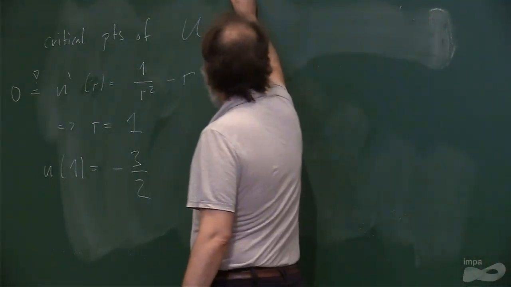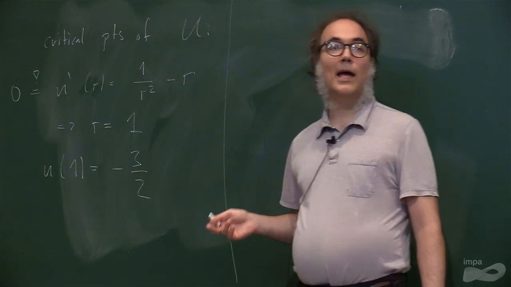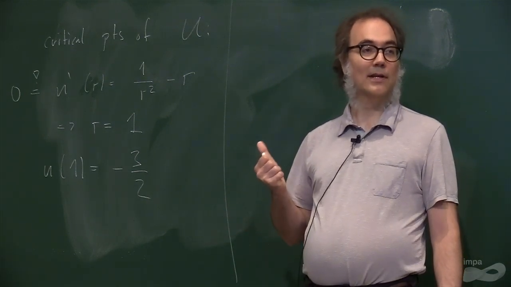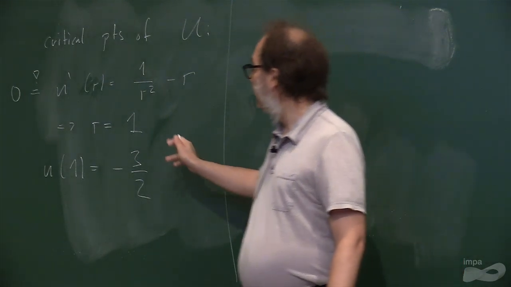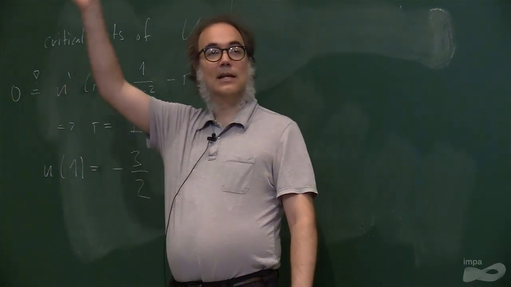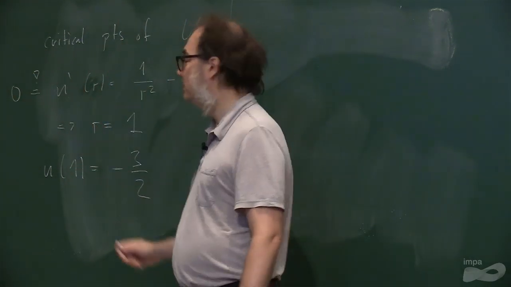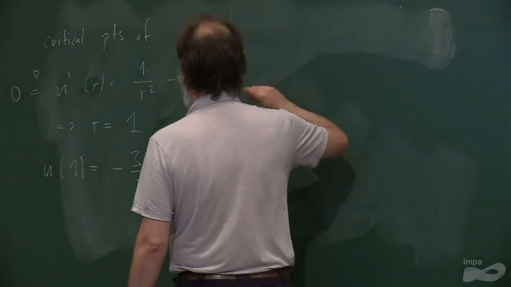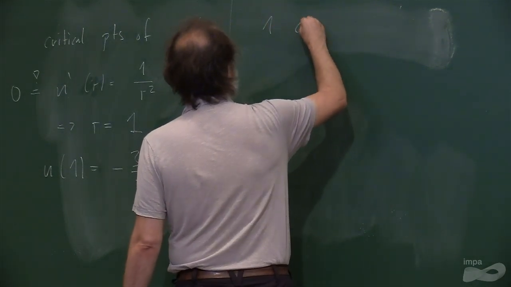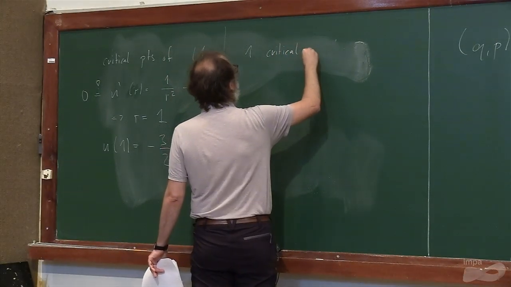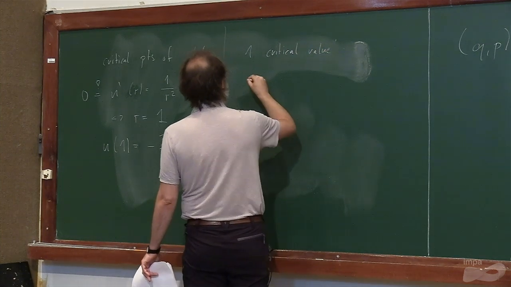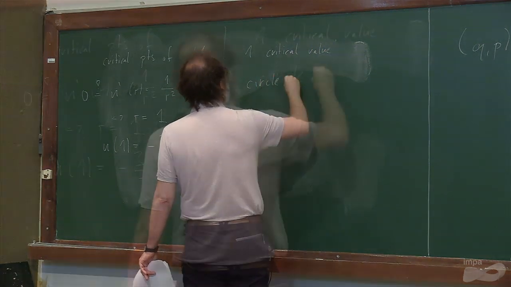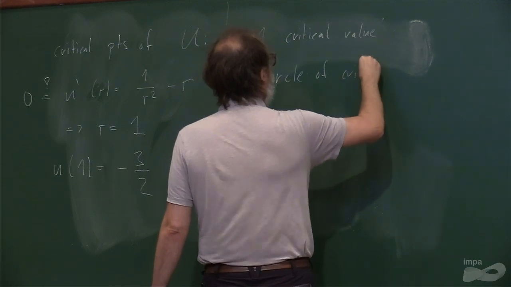So the rotating Kepler problem has just one critical value and a whole critical circle. So we have one critical value and a circle of critical points.